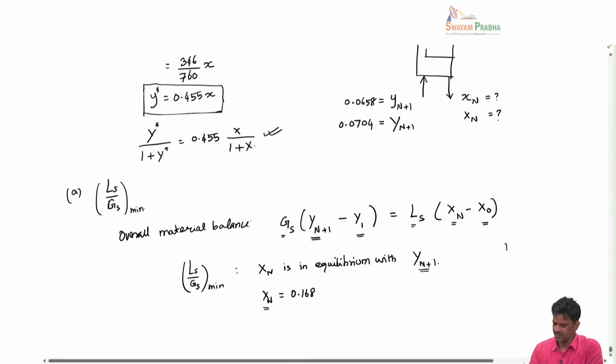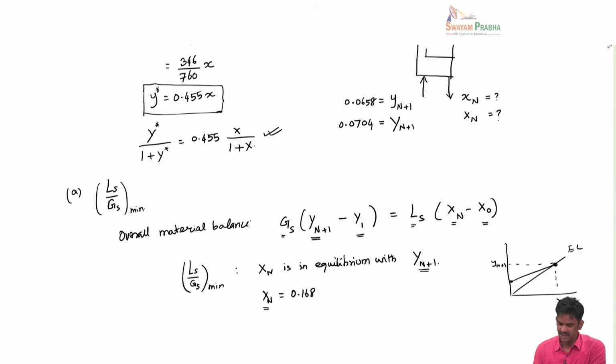Okay, so graphically, what we would have done is draw the equilibrium line, and then the operating line should be touching corresponding to yn plus 1, and this is how we read xn here. Instead of doing this graphically, I am just calculating analytically, because at this point the operating line and the equilibrium line are touching. So I can relate xn and yn plus 1 via the Raoult's law here. So if you substitute yn plus 1 in this equation, you will be able to get xn, so that they are in equilibrium.